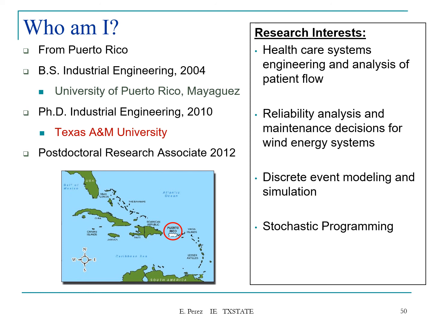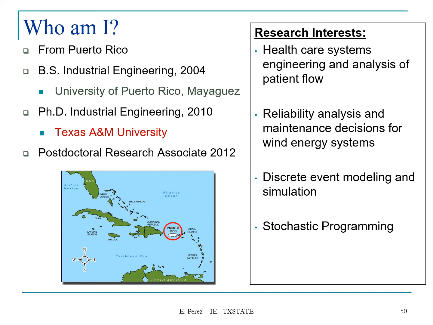After that, I worked for a financial institution and then moved to Texas to pursue a PhD, also in industrial engineering, graduating in 2010. I also did a postdoc at Texas A&M University, finishing in 2012. After that, I transitioned to Texas State University.